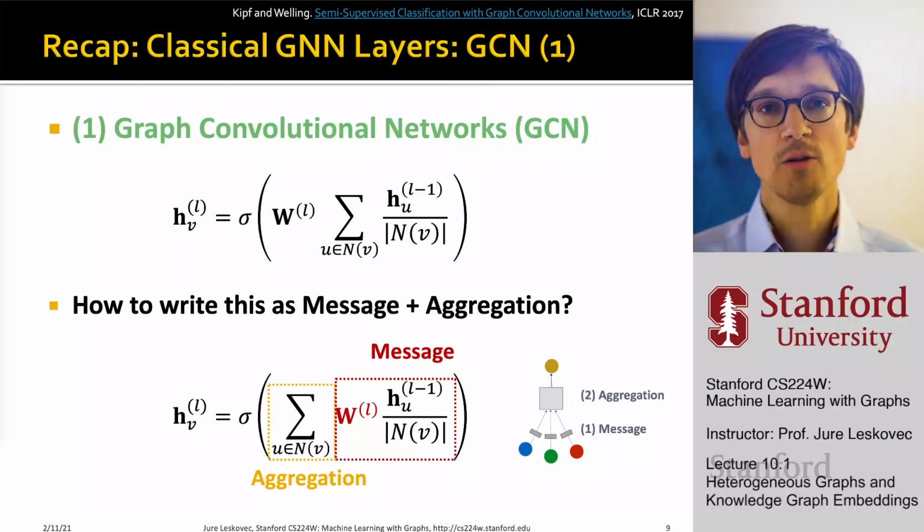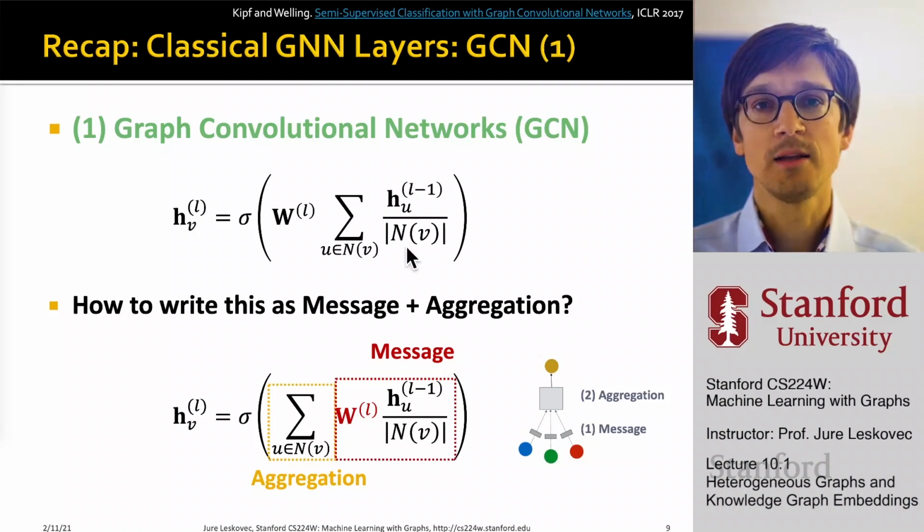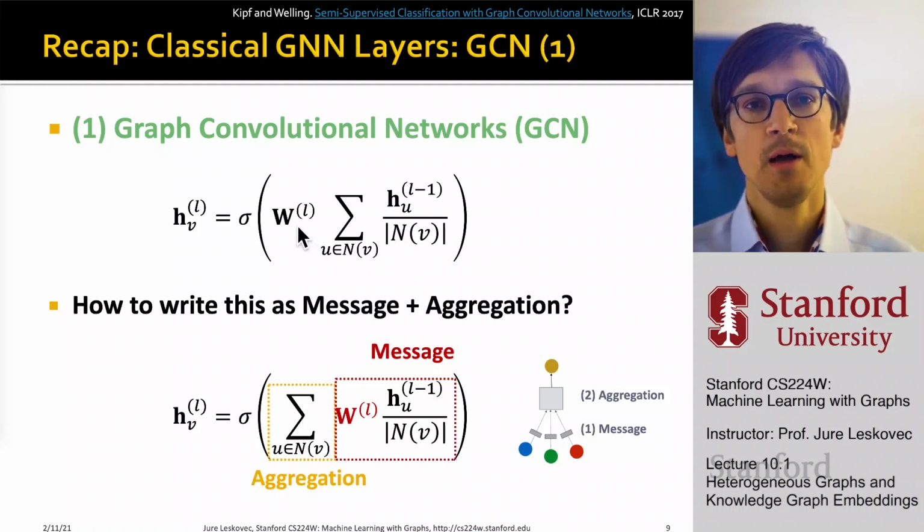Now, going back to the GCN, a single layer of GCN is defined with the following formula. A node goes over its neighbors U, takes the previous layer representations of the nodes, normalizes it by the node's in-degree, sums them up, transforms them, and sends them through a nonlinearity.